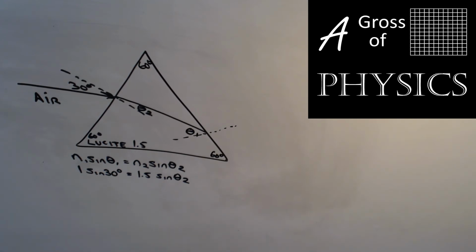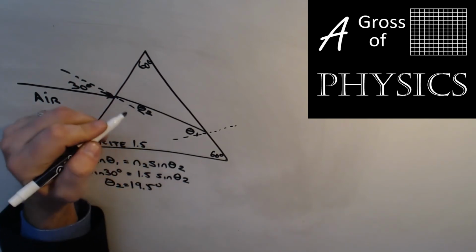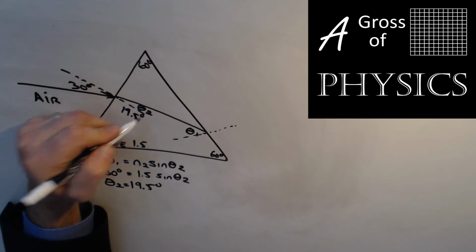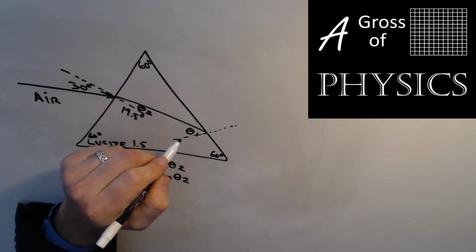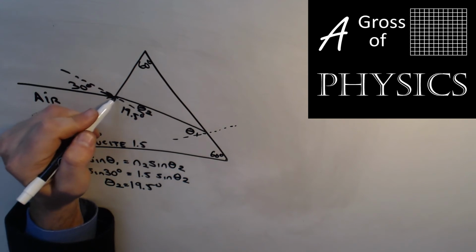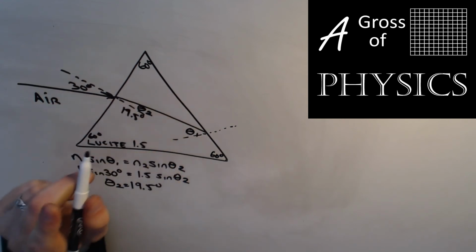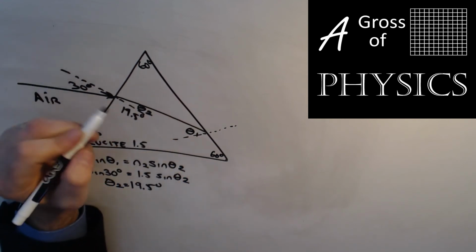Sine 30 divided by 1.5, second sine, second answer. We have 19.5 is theta 2. Now this here is 19.5. That isn't. But if we look at this, this created another triangle, and we know that triangles have 180 degrees.